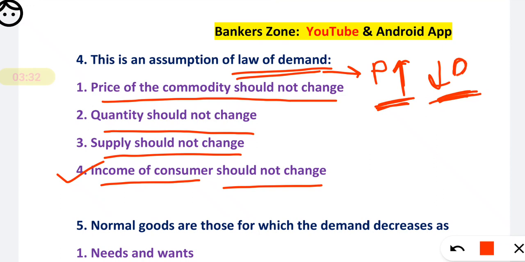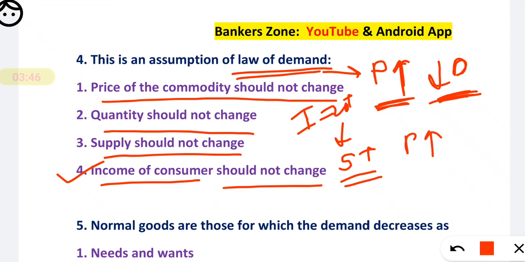Here the assumption provided is that income should be constant. Suppose your income is 20,000. Suppose your income has decreased to 5,000. Then if the mobile price has increased, will your demand be stable? No. If your income increases from 20,000 to 50,000, then you will buy the same mobile, right?